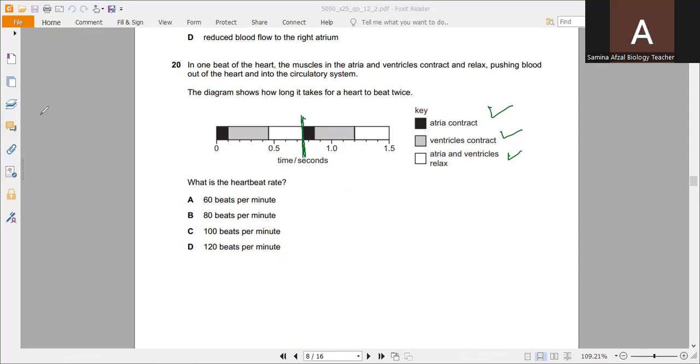It is less than 1.0 and more than 0.5, so here it will be 0.75. Now we will calculate its value. We know the options are 60 beats per minute, and in the second, 80 beats per minute.